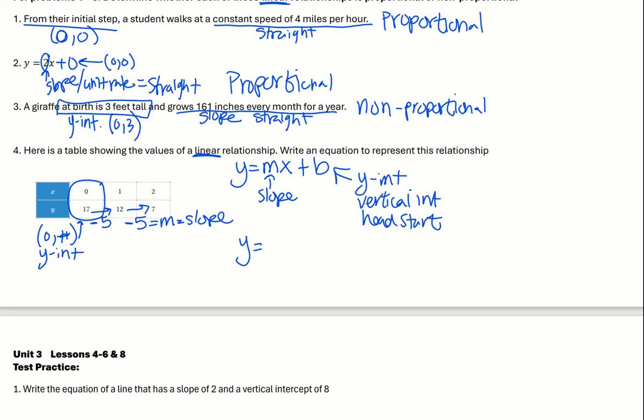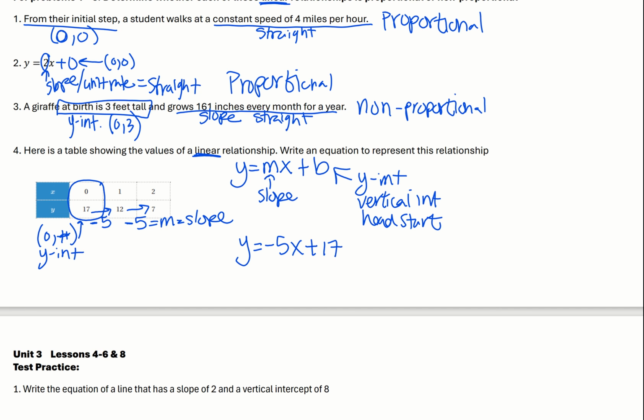Y equals -5, because that was my slope. X always goes next to your slope. And we're going to go plus 17 because they had a head start. They started at 17. And it doesn't say 0, 0 here. It says 0 and a number. Remember, that plus part is always that number that we have a head start at, or our vertical intercept.